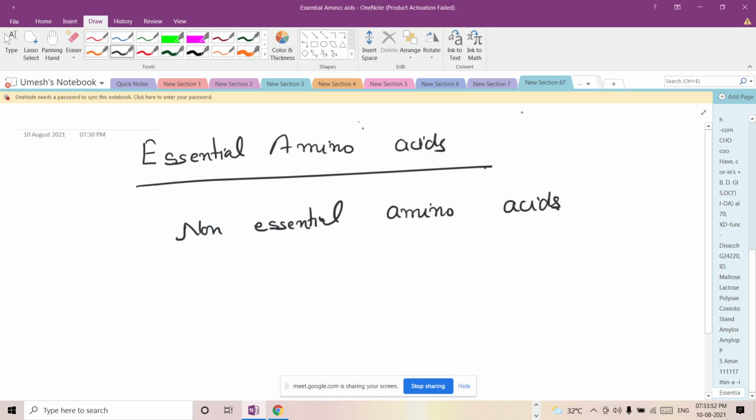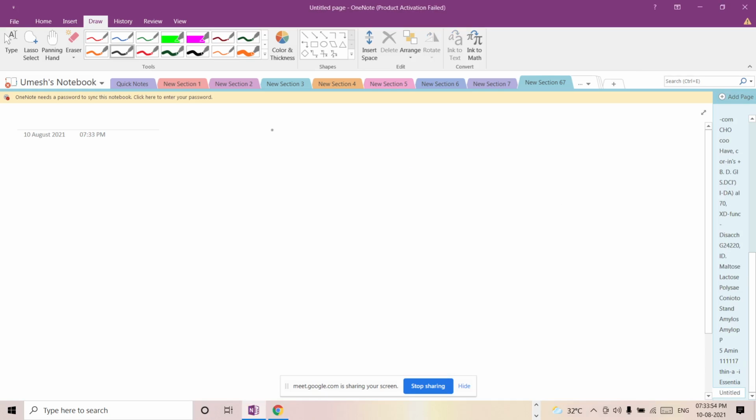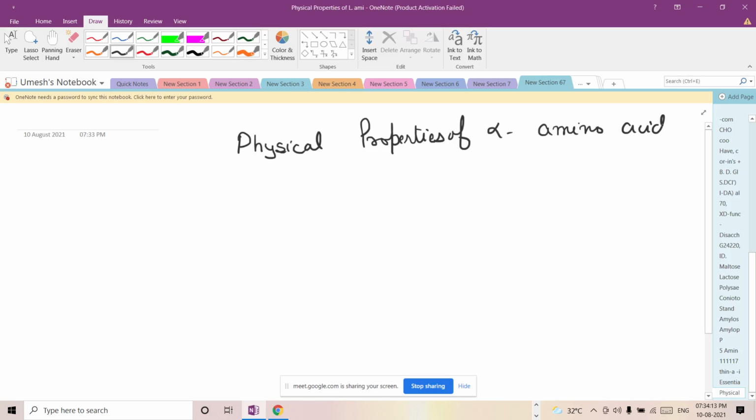Now, we discuss the physical properties of alpha amino acid. Now, look at the structure of this amino acid.